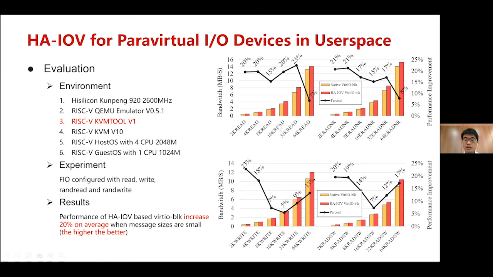From the right figures, we can see that HA-IOV gains an average 20% performance improvement when message sizes are small. Also, the performance evaluation results we obtained are still unstable. We believe it is caused by the software kernel emulator. Thus, an FPGA-based platform that supports RISC-V virtualization is needed to validate new ideas faster.